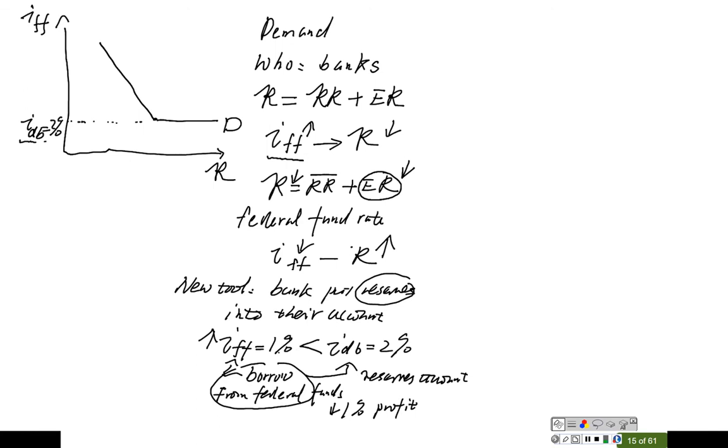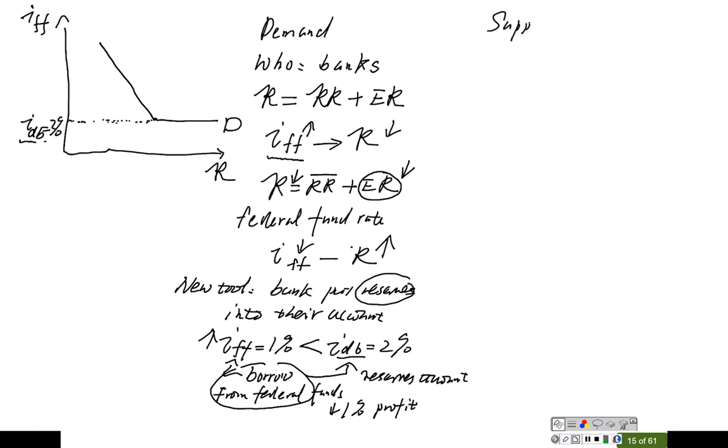Which means eventually the federal funds rate will be equal to the interest rate paid on the reserve. Otherwise, the bank can always make a profit by doing this. So that's the reason the federal funds rate cannot be lower than the interest rate on the reserve. So that's the bottom. So that's the demand curve.